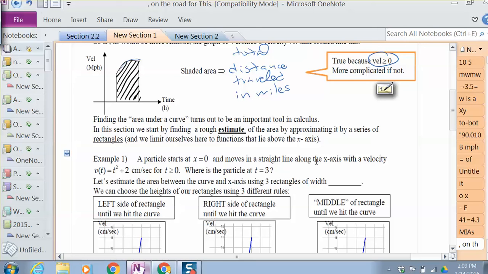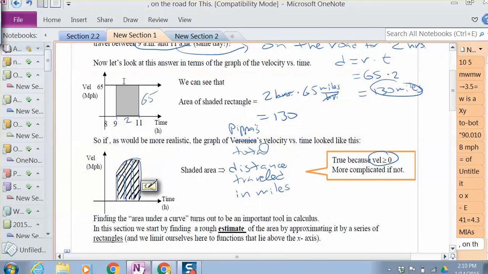And we can get a rough estimate of the area underneath the curve by imagining that the shaded area is made up of a bunch of rectangles. So if I draw a bunch of rectangles and find the areas of those rectangles, I can use that as an approximate area underneath the curve.